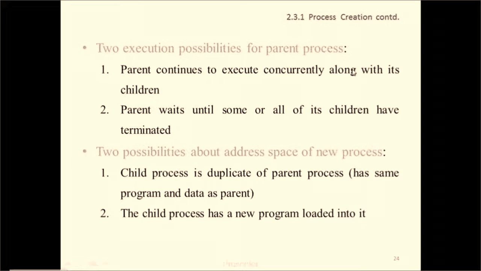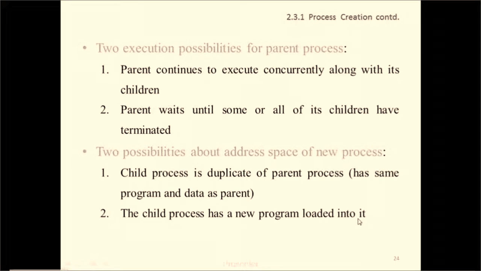Similarly, there are two possibilities about the address space of the new process. A child process is a duplicate of the parent process, has the same program and data as the parent, or a child process has a new program loaded into it. So child remains child, or child becomes a complete process in itself.